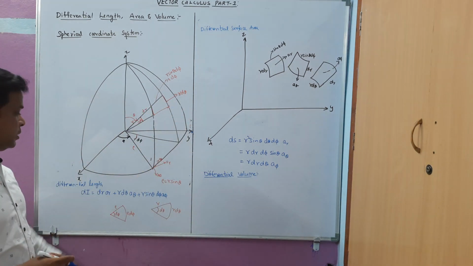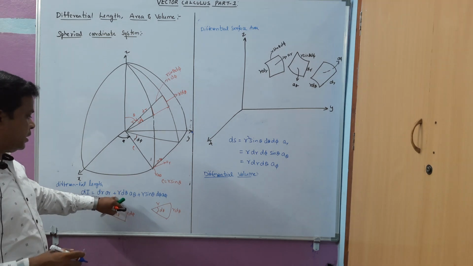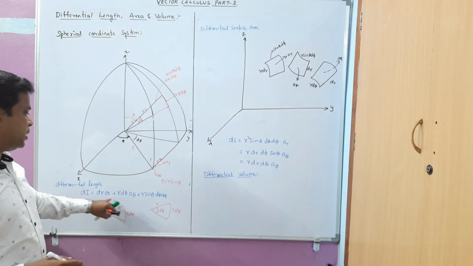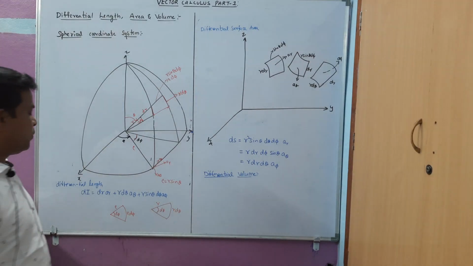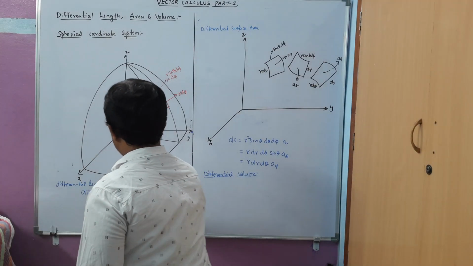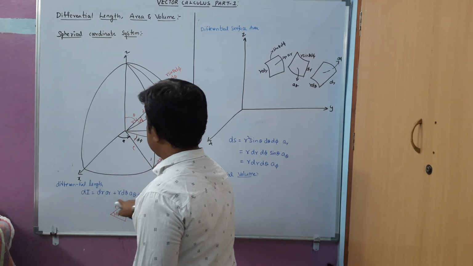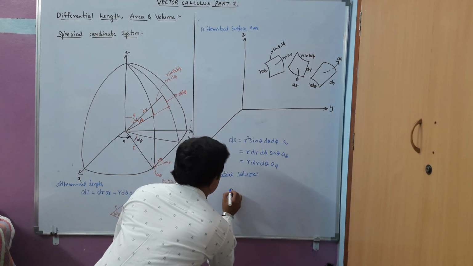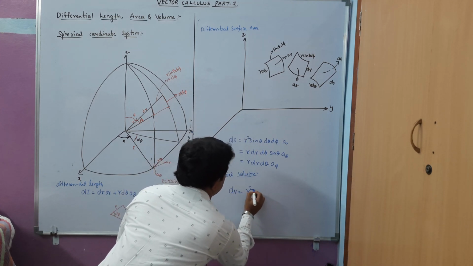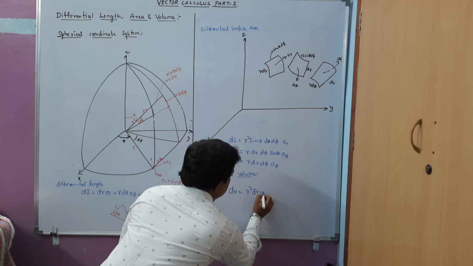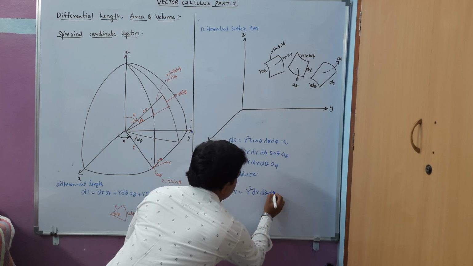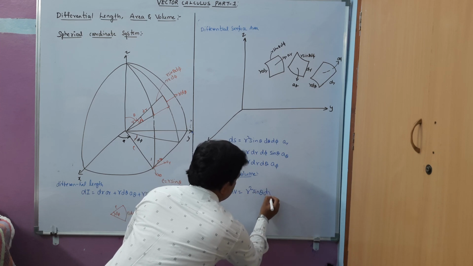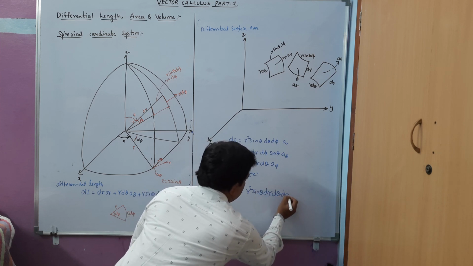So we get dv equal to R square sin theta dr d theta d phi.